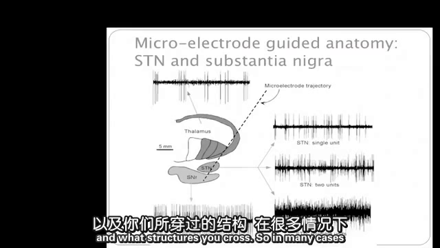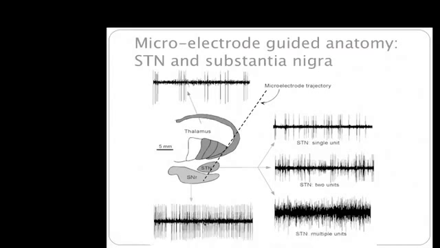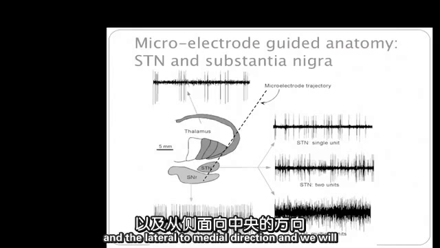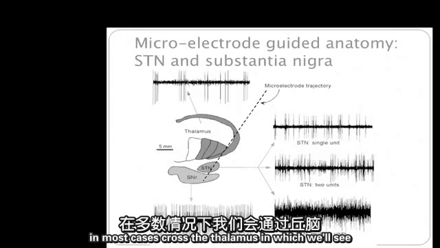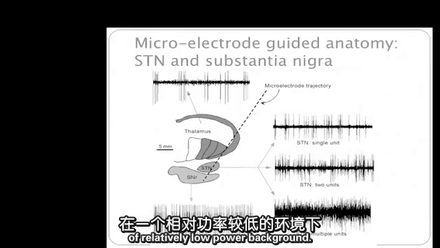In many cases, we will have a trajectory coming down from an anterior to posterior direction and a lateral to medial direction. We will, in most cases, cross the thalamus, in which we'll see small bursts of activity in a relatively low power background.